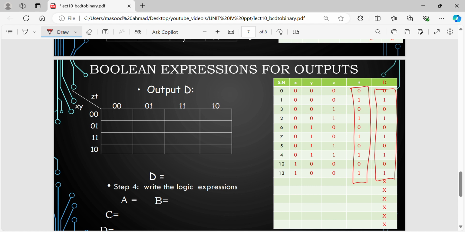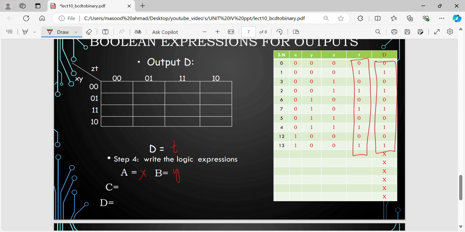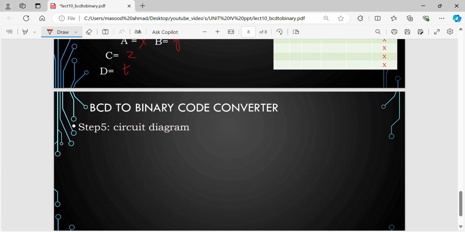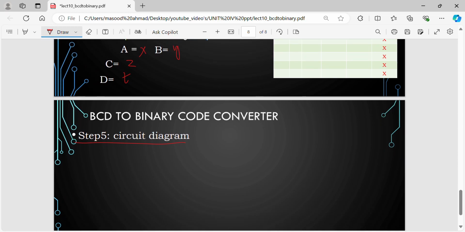Even without solving I can say D is T. So D is T. A was X, B was Y, C is Z, D is T. So is there any circuit required? In step 5 we need to draw the circuit, but unfortunately there is no circuit required.